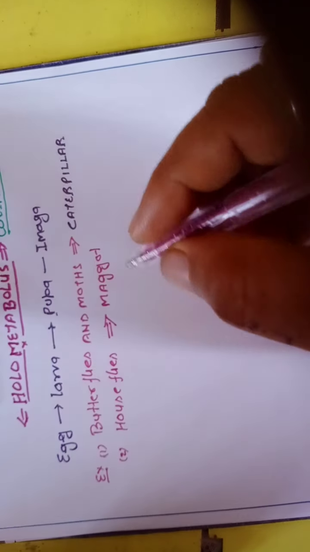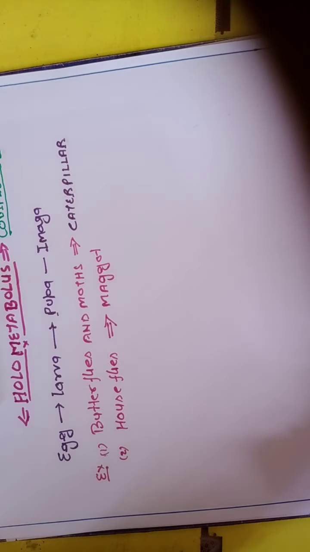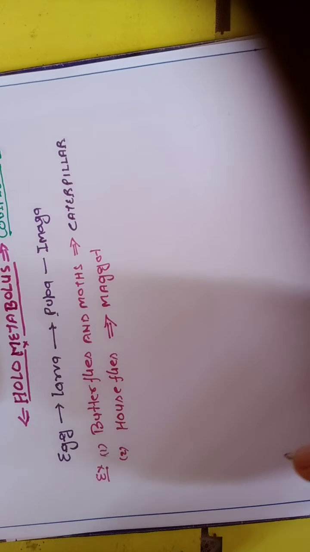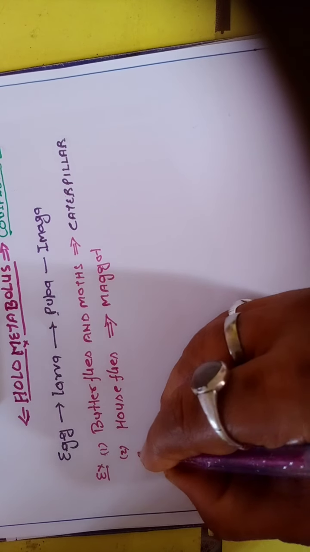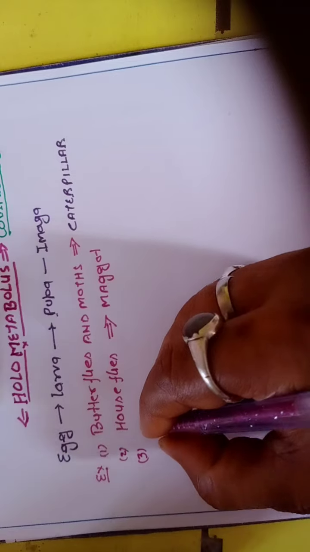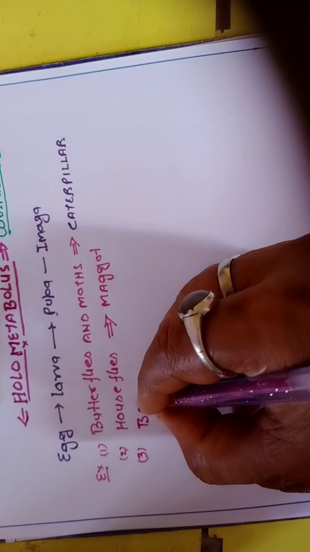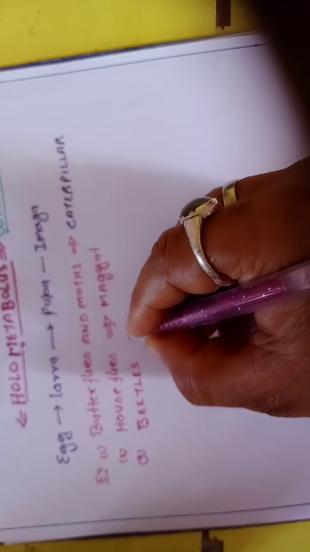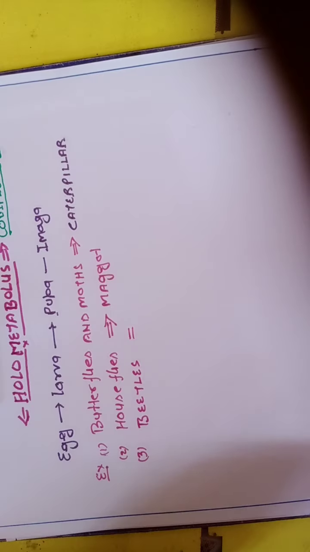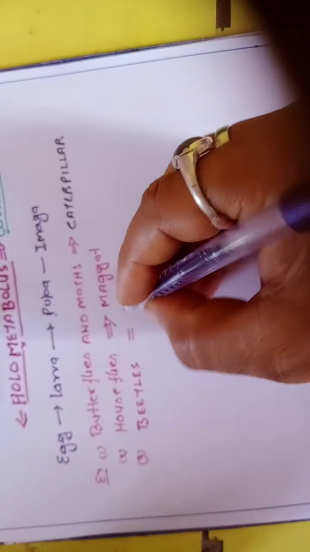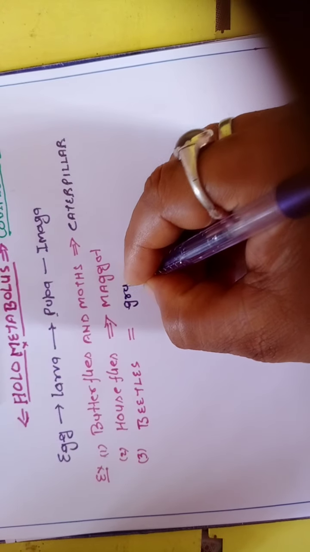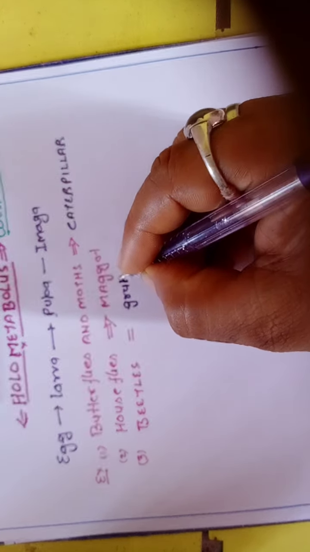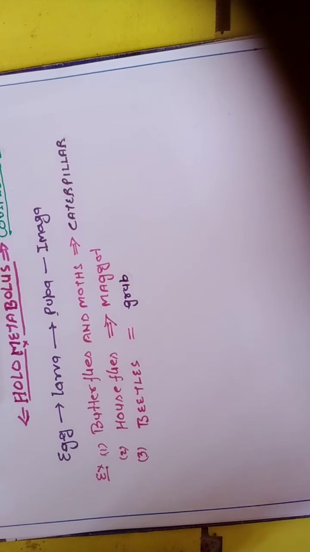The answer is maggot. Don't forget this. Third example, beetle. In case of beetles, the larva is grub. Okay.